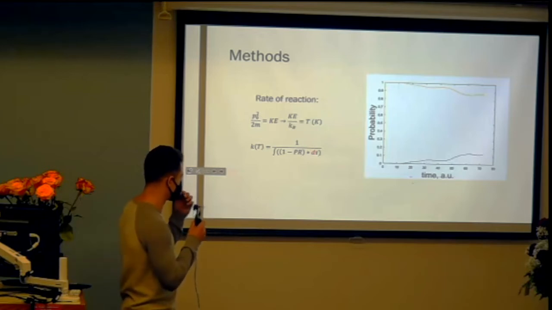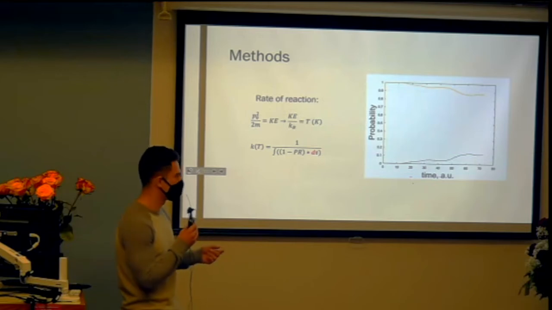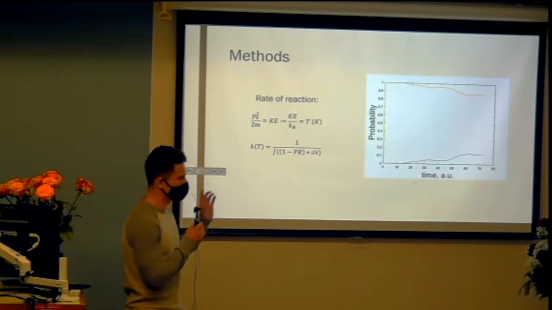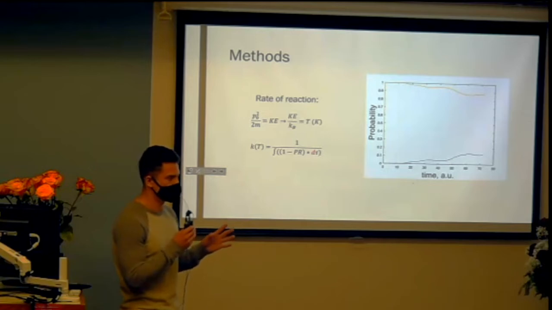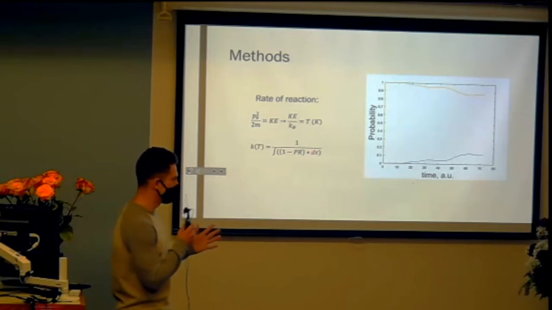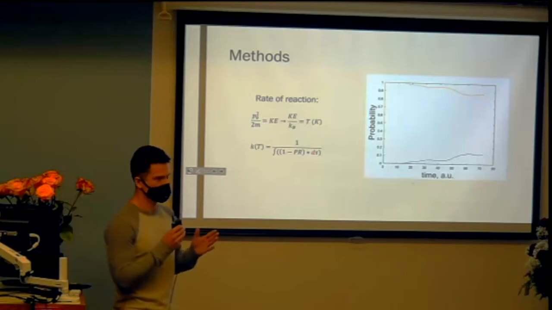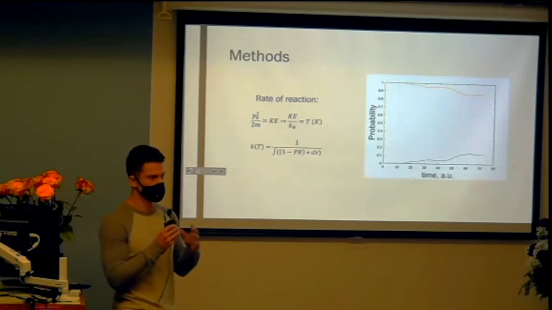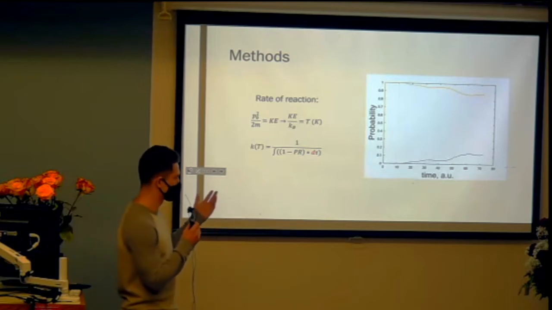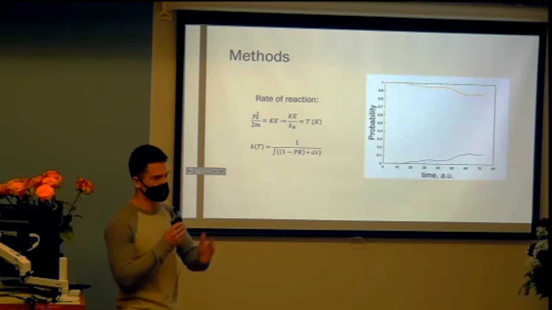This rate is first order kinetics, and the PR in the equation is the probability of transmission to the right-hand side of the model. That corresponds to the probability of the product side of the reaction. Just take a normal chemical equation, and you have the reactant side and the product side. This is the percentage that it will end up on that product side.